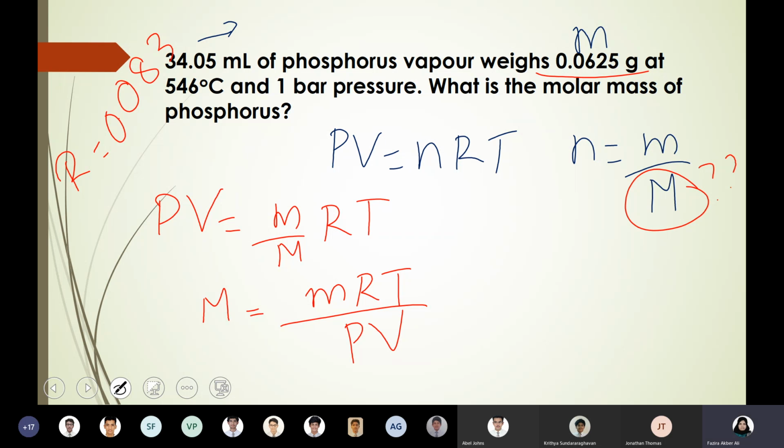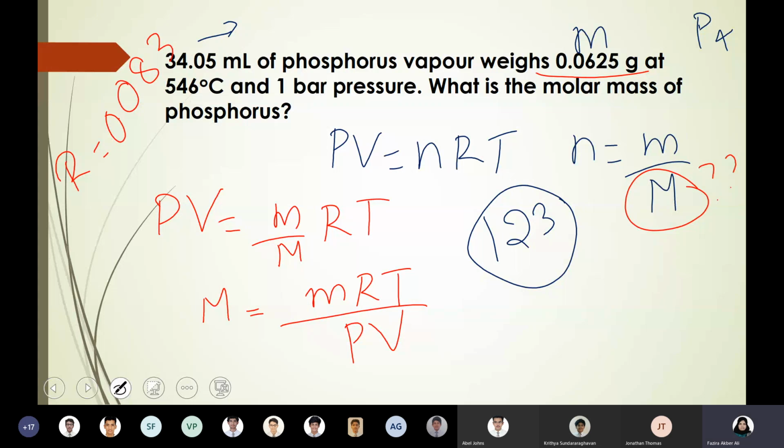You should be getting somewhat close to 123. A decimal change is okay, but somewhat 123, because phosphorus exists as a tetraatomic molecule, P4. For one atom of phosphorus the mass is 30 point something, so P4 with four atoms in one molecule is almost equal to 123. That is the molar mass.